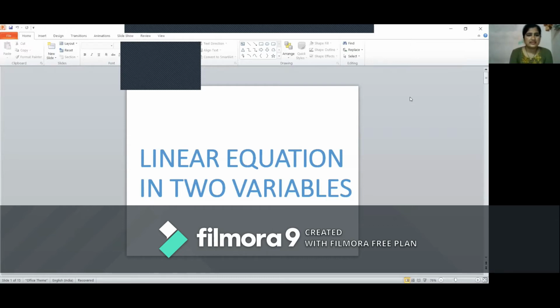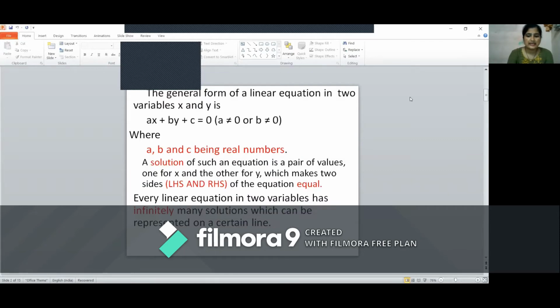The definition is: the equation which contains two variables, and the degree of each variable is 1, is called a linear equation in two variables. We can see the general form of a linear equation in two variables x and y, which I have given here.